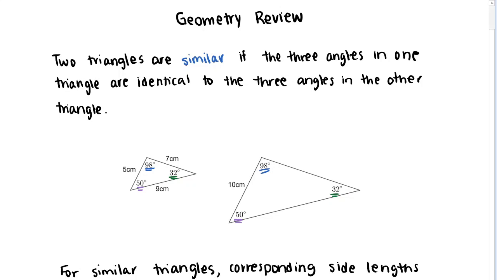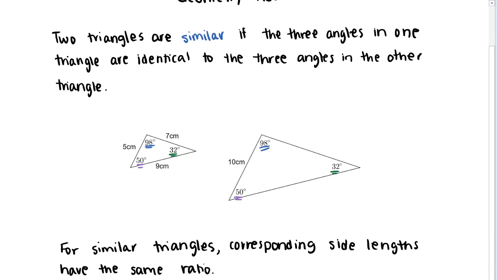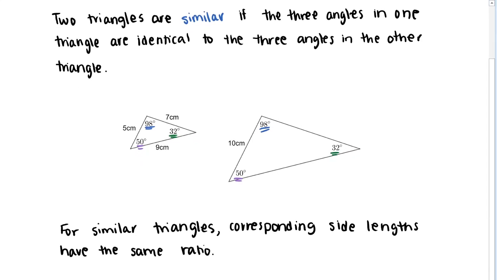What's special about similar triangles is that if you take the ratio of two corresponding sides from one triangle and the other, they're going to give you the same ratio no matter which corresponding pairs you pick. If I look at this side length that's opposite the 32 degree angle in both of these triangles, this 5 centimeter side length and this 10 centimeter side length, they're corresponding sides because they're both opposite that same angle, 32 degrees.